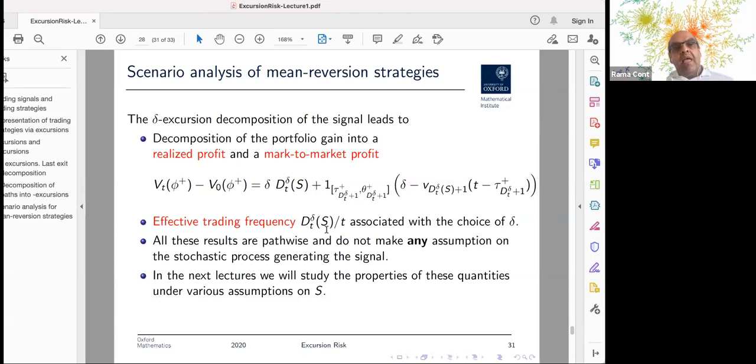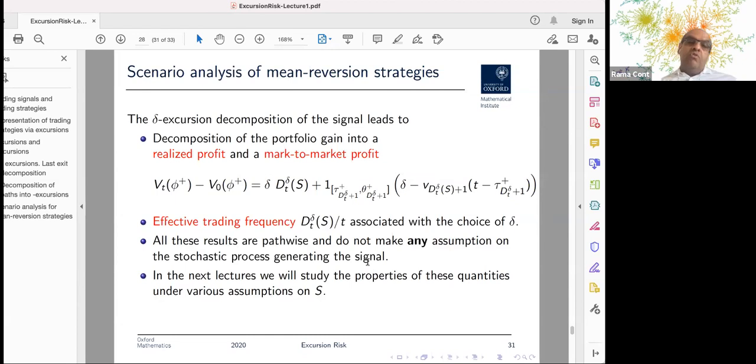Now, I would like to note that in all the statements I made today, I never made any assumption on S, the signal or the prices. Are they stochastic processes or not? What properties do they have as stochastic processes? We don't need any assumption here, and tomorrow I will not make any assumption either.